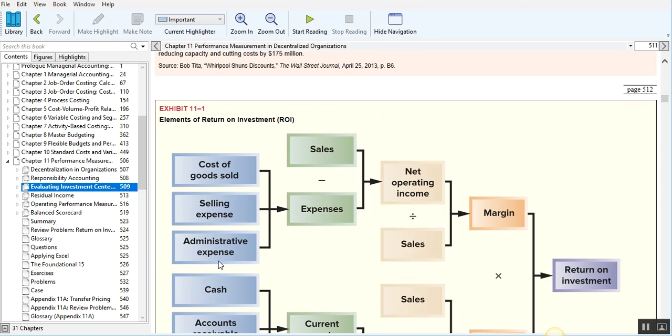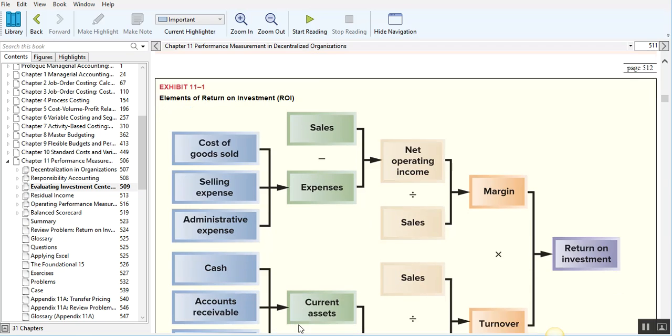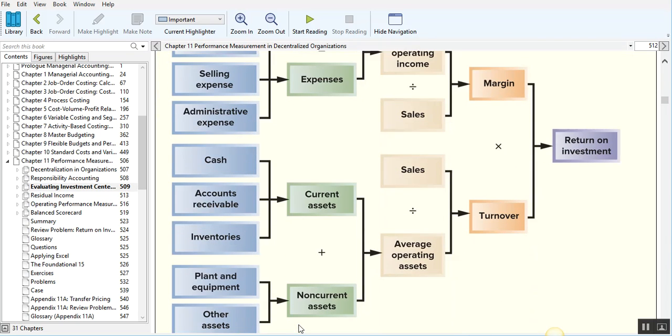You have the components over here that make up these expenses, and then these two items make up the net operating income. When you calculate operating income divided by sales, you get margin. Further down, we look at current assets and non-current assets. The current assets are the ones that will be used in a year; non-current are ones that last longer.